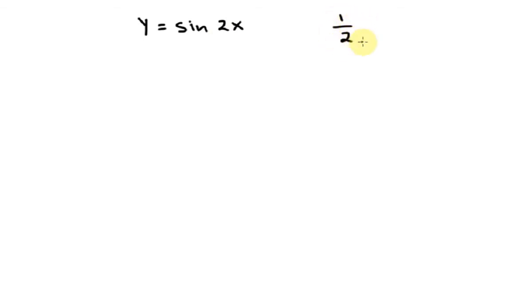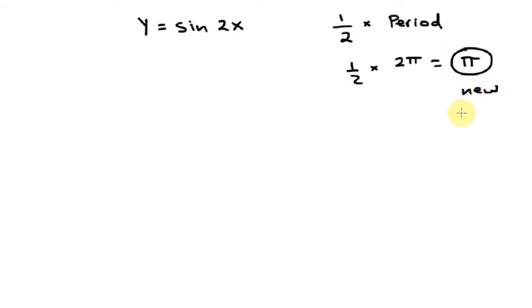So everything horizontally is compressed by a factor of 1/2. In other words, what was the original period? Well, we want half of the original period. So we really want to cram this graph into half of 2 pi. So now the graph has a new period of pi.